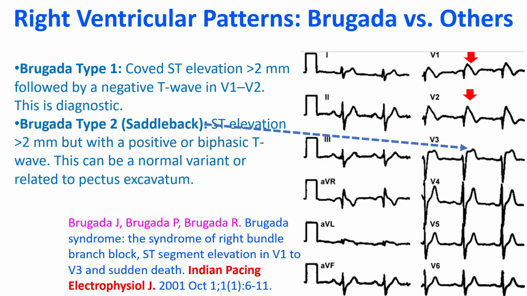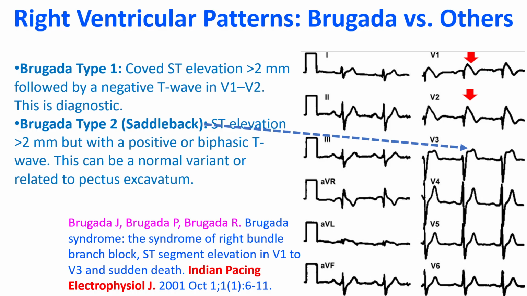This ECG also shows a saddleback pattern in V3, ST elevation more than 2 mm, but with a positive or biphasic T wave. This can be a normal variant or related to pectus excavatum. But as you can see in this ECG, it can also be present in Brugada syndrome, though it is not diagnostic by itself. In this ECG, you have both.